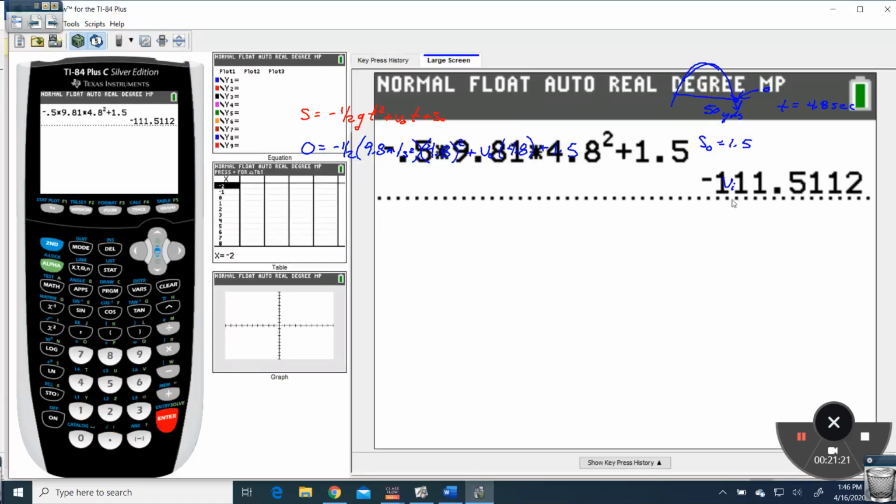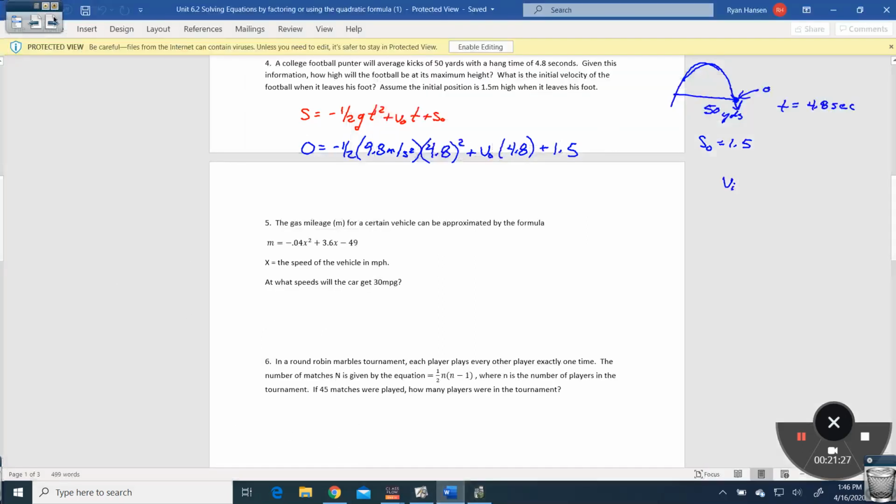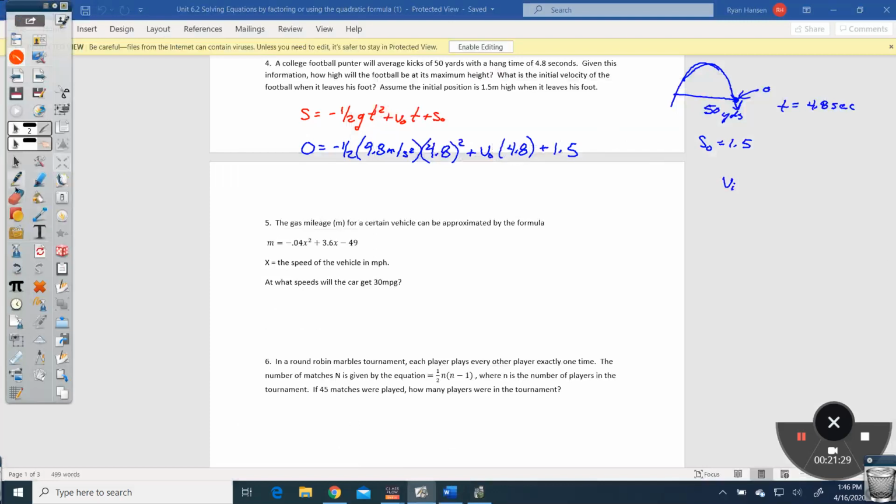So that gives me negative 111.51. So I have negative 111.51 equals 0 plus my initial velocity times 4.8.